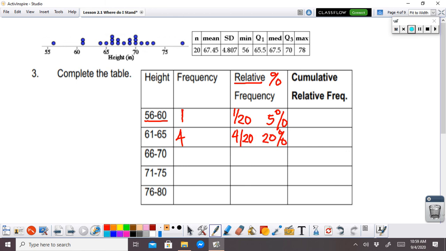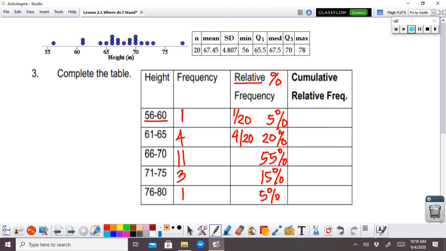And then let's continue. That's 11. That's 3. And that's 1. So 11 out of 20, what is that? 55%. Then we have 3 out of 20, that's 15%. And then of course 1 out of 20 is 5%.